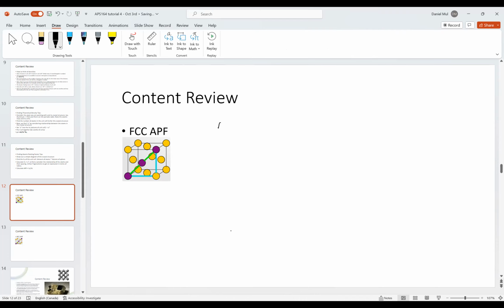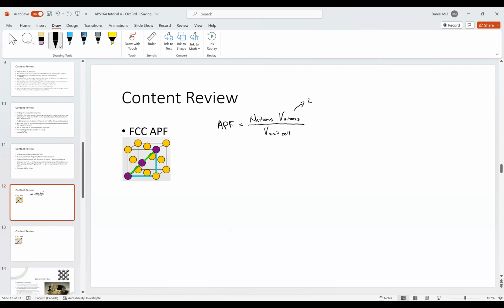So again, APF is the N atoms times the volume of the atoms over the volume of the unit cell. I'm just writing it out instead of the subscripts.